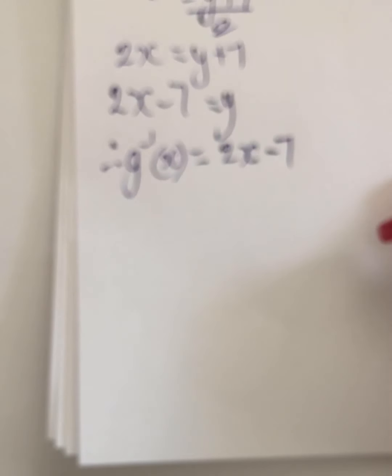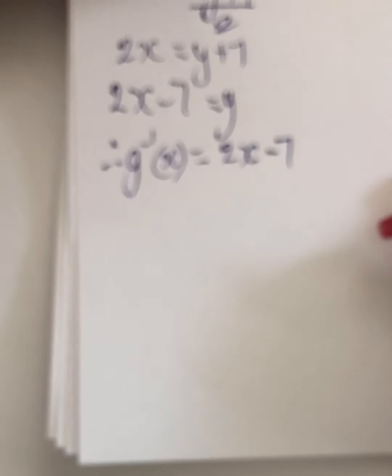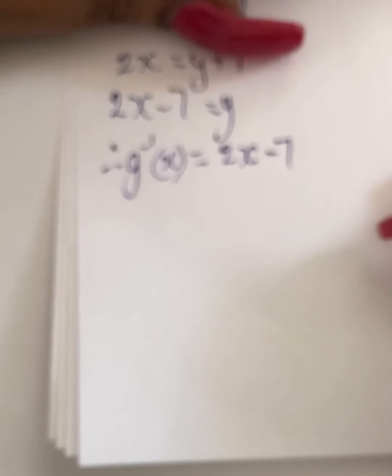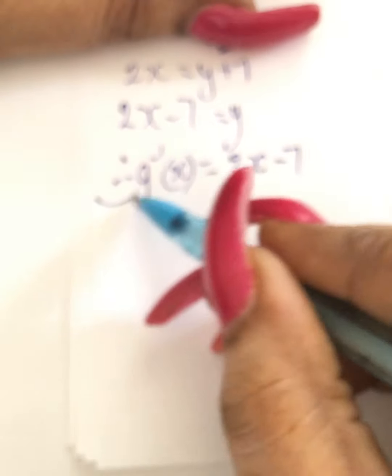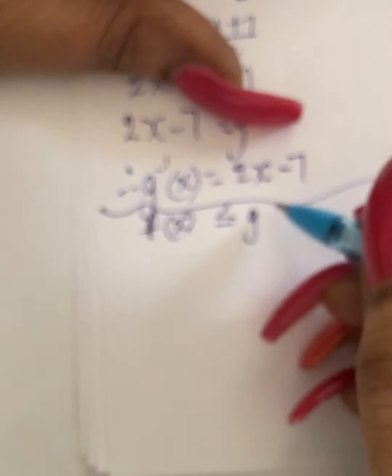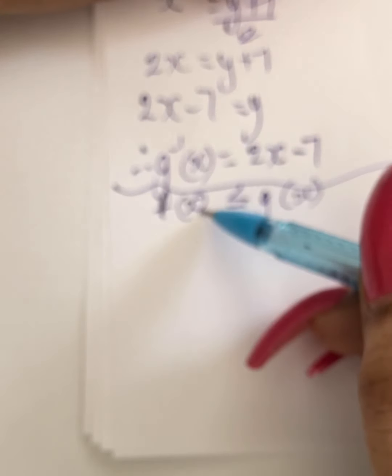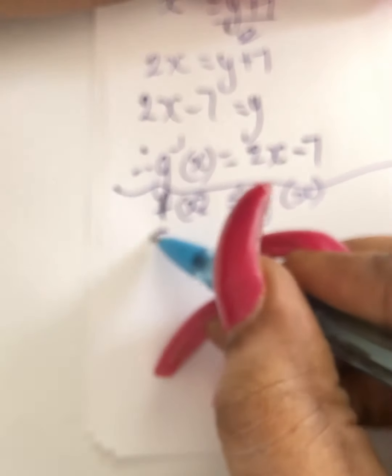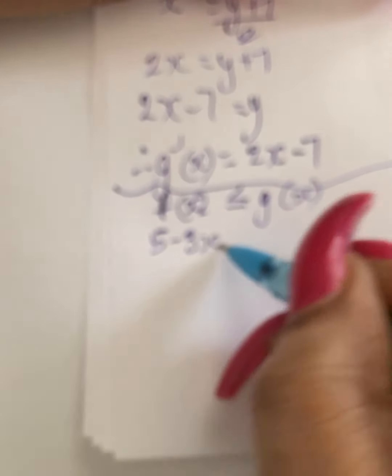And our last and final part is to find the value of x, but now we have an inequality. So let us look carefully. So we write f of x. f of x is 5 minus 3x.